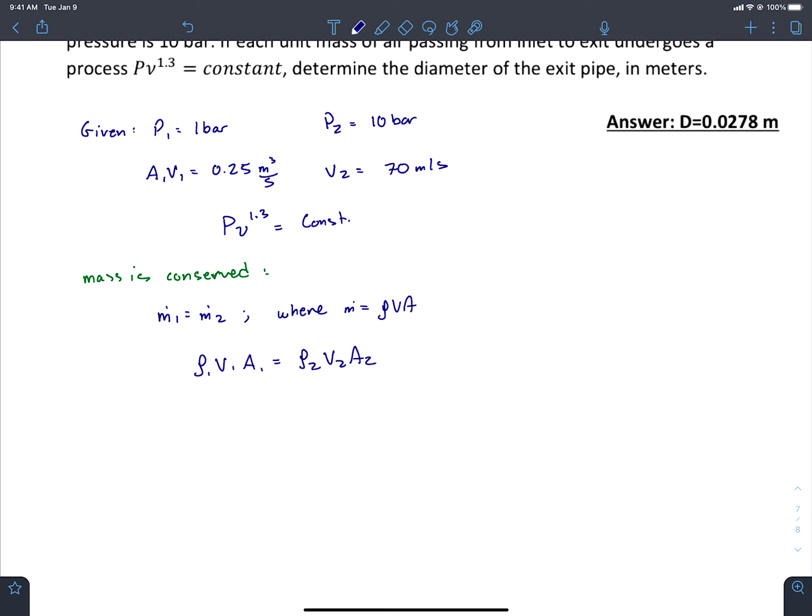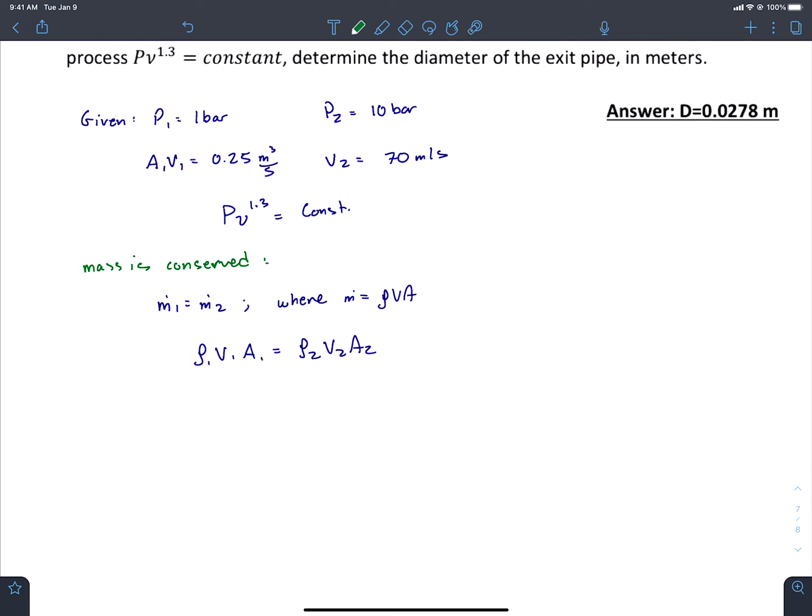And so now what I want to do is rewrite this equation in terms of specific volume. So using specific volume, we can rewrite m dot.